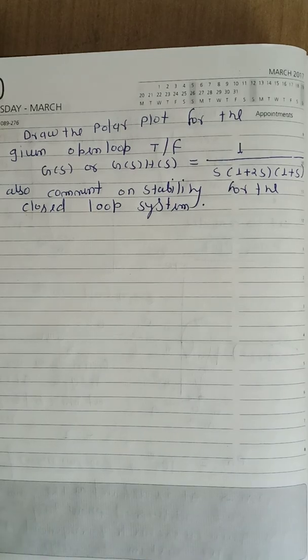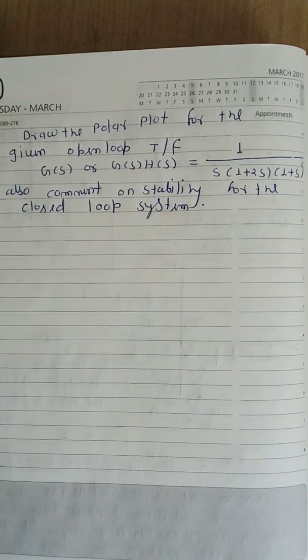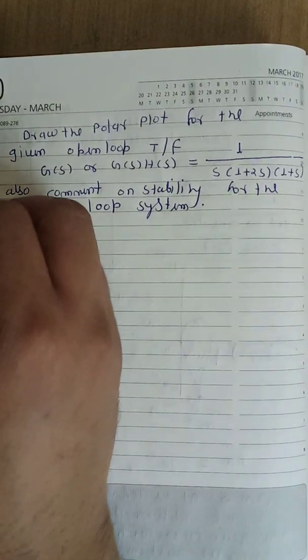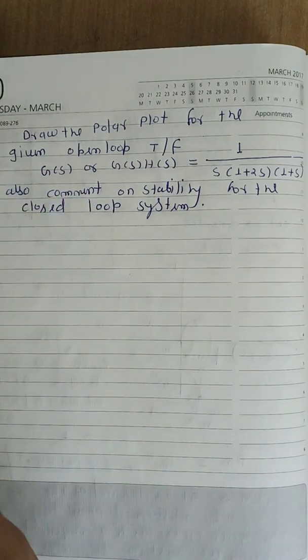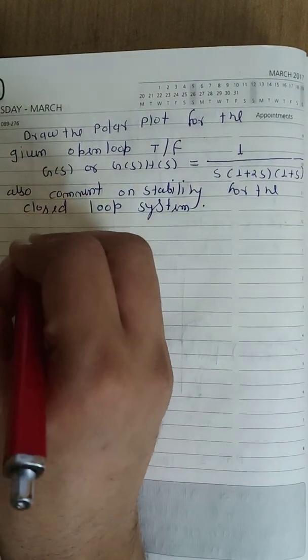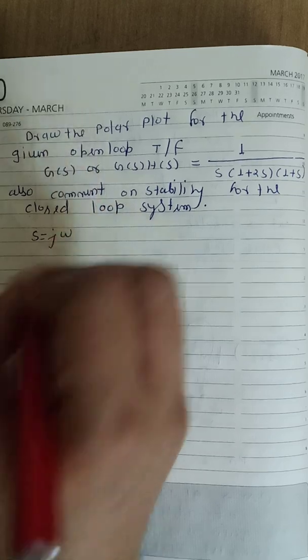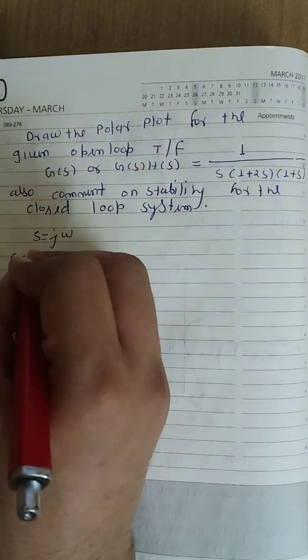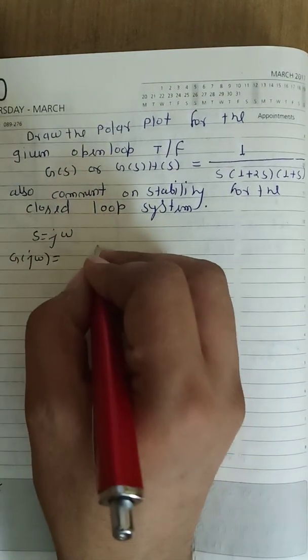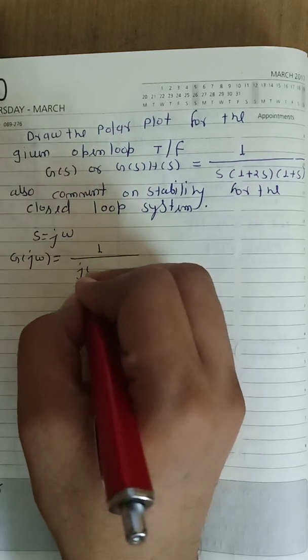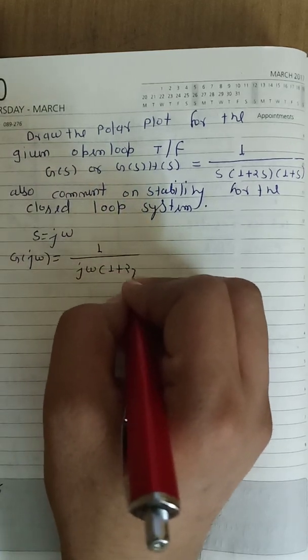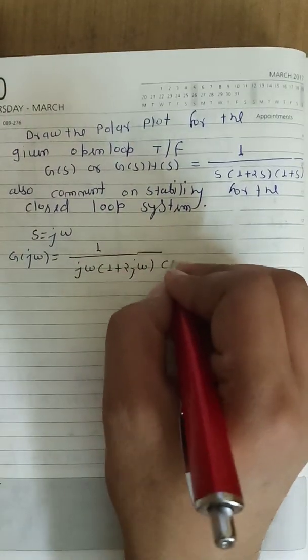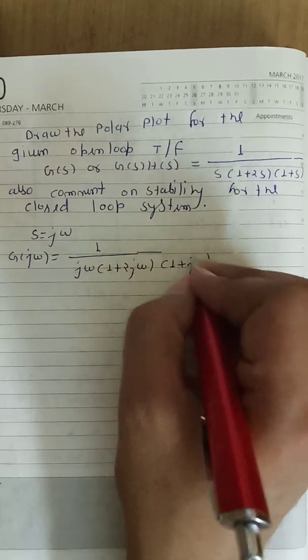Already I told you. First we will define a transfer function in frequency domain after putting s equal to j omega. So we have G(j omega) equal to 1 over j omega, 1 plus 2 j omega, 1 plus j omega.